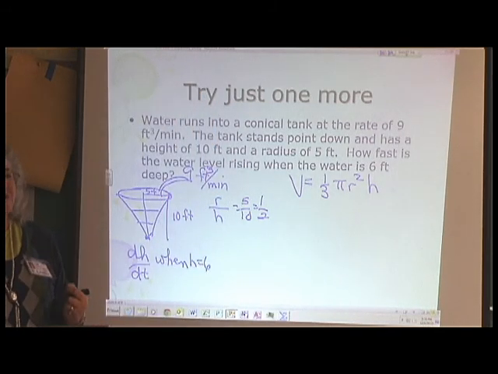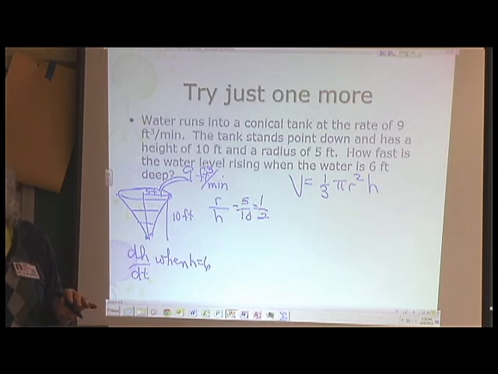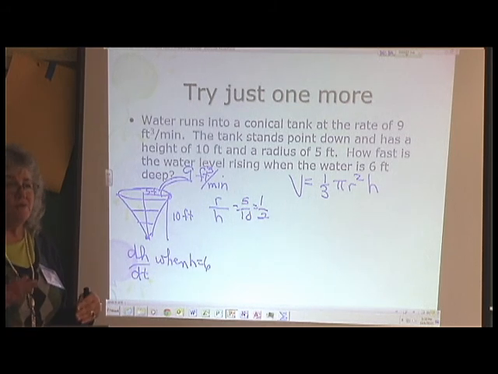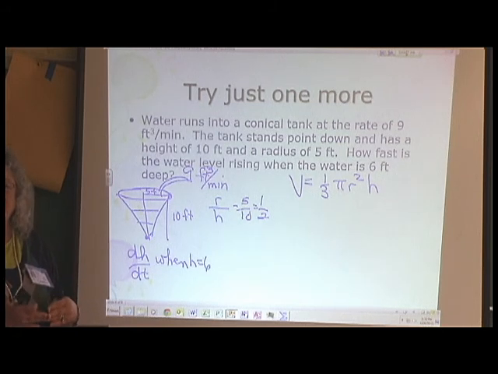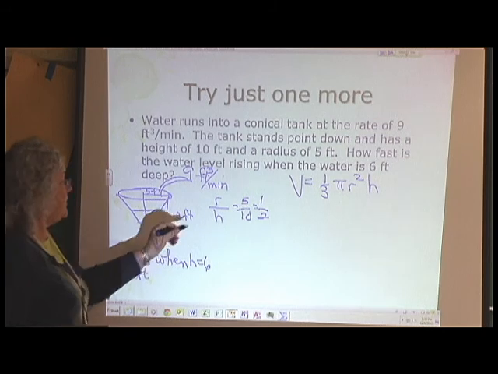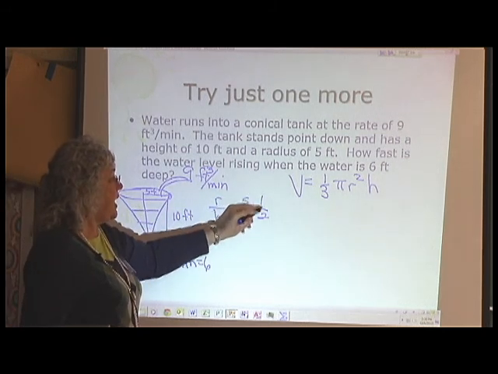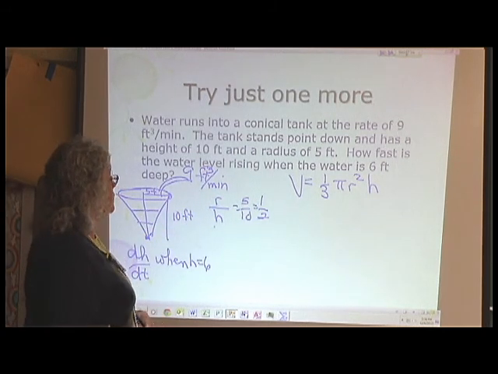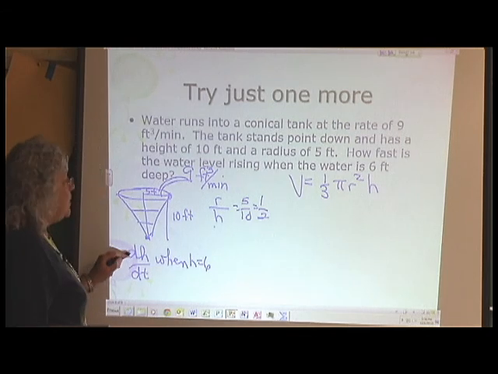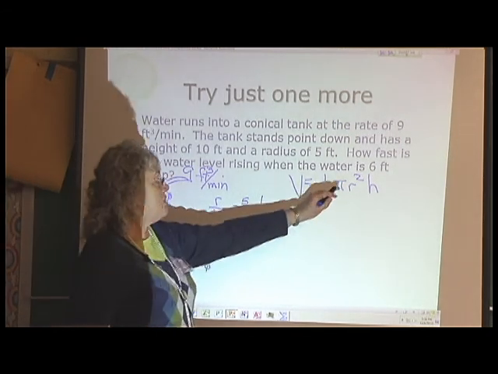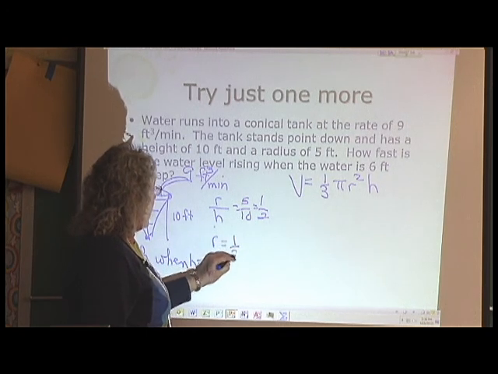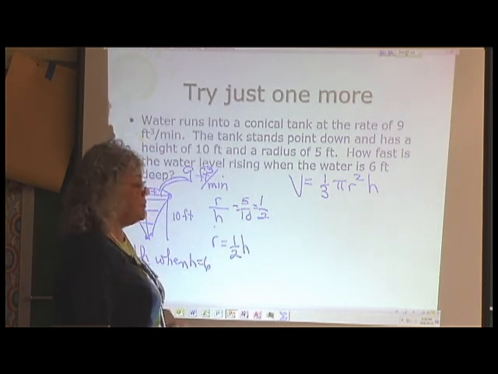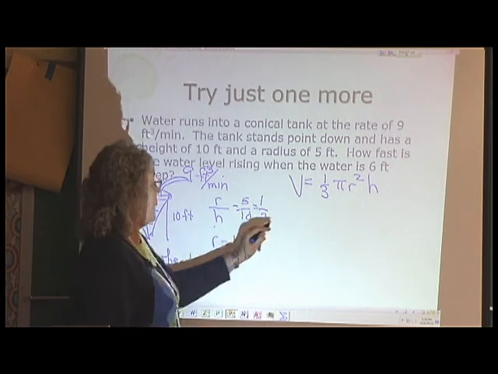I don't want two variables because that means that I would have to do some type of product rule, which I really don't want to do in this type of problem. So I have to substitute. Well, I have here that r over h equals 1/2. So which one do I want to solve for? Well, I want dh dt, so I want to get rid of the r. So r is equal to 1/2 h. So I'm going to substitute that in.